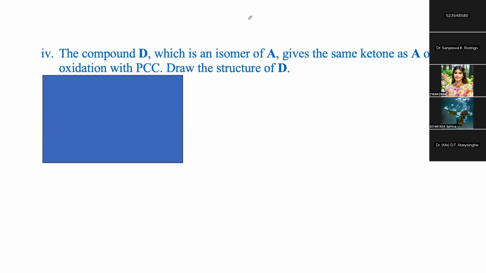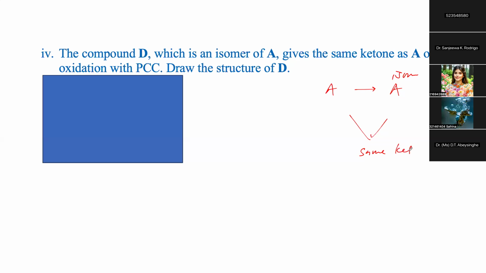So in the question, it says D, which is an isomer of A, will undergo oxidation with PCC to give you the same ketone. That means whether you take A or the isomer of A, both will give you the same ketone.